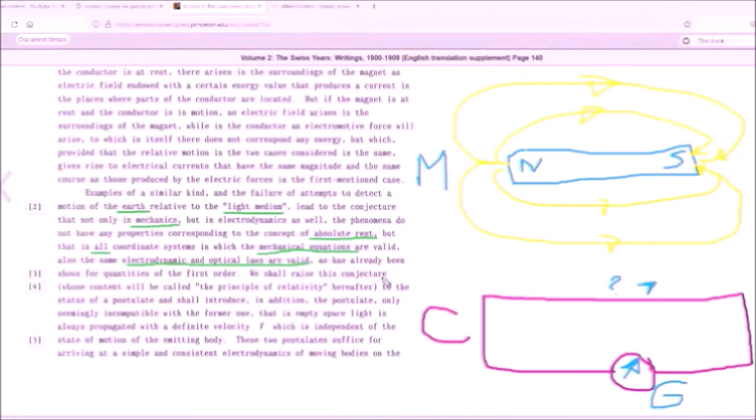We shall raise this conjecture, whose contents will be called the principle of relativity. The principle of relativity is the principle that's going to cause a lot of problems. We want to create a system, coordinate systems, universal, where all mechanical and electrodynamic laws have to be the same, which we call the asymmetrical in both directions.